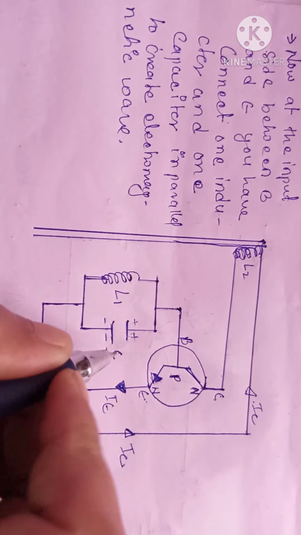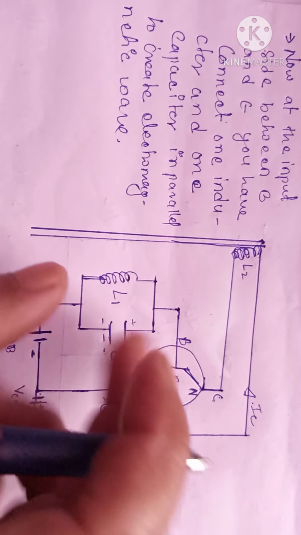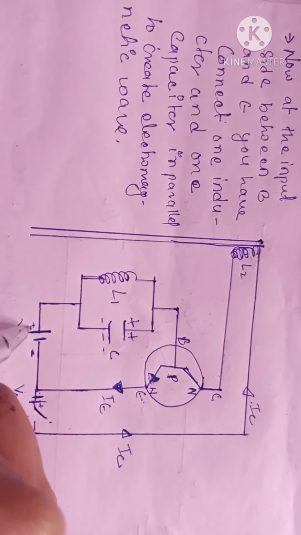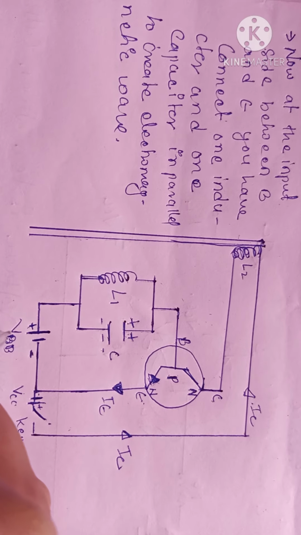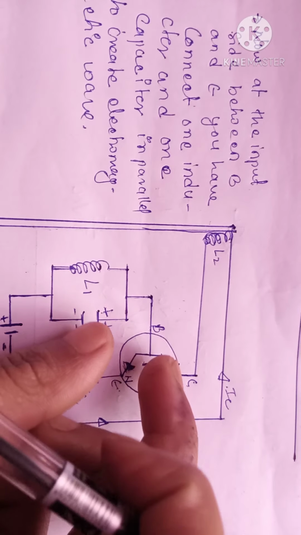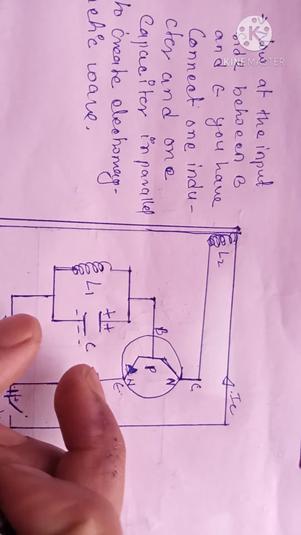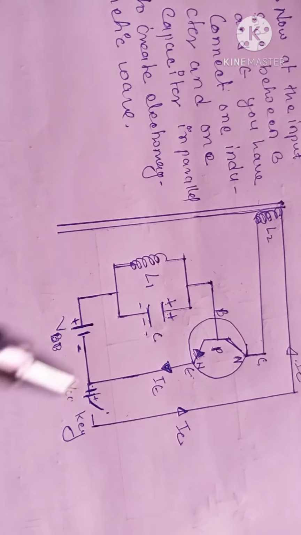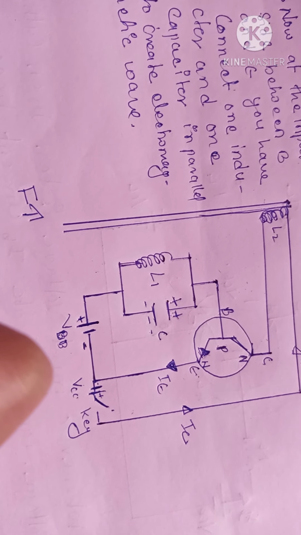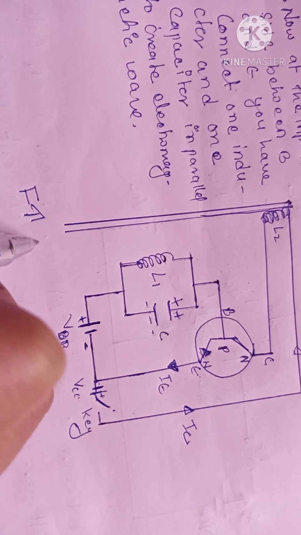And ultimately the forward bias voltage increases. This capacitor and this VEE battery are both giving plus to forward bias mode. So ultimately the forward bias increases. Then IB also increases.